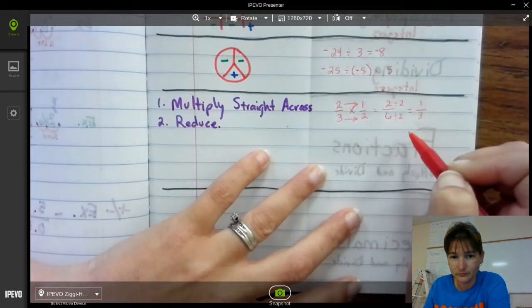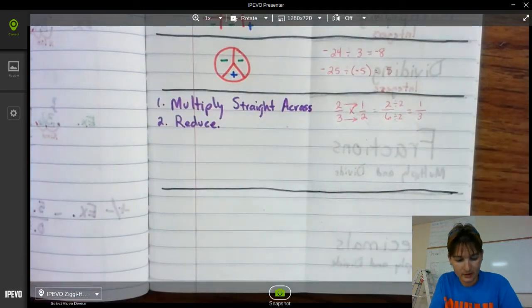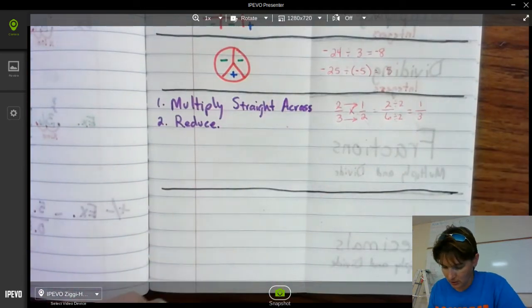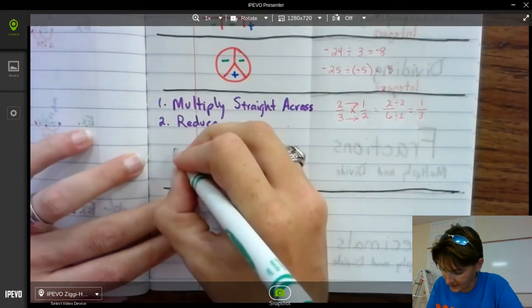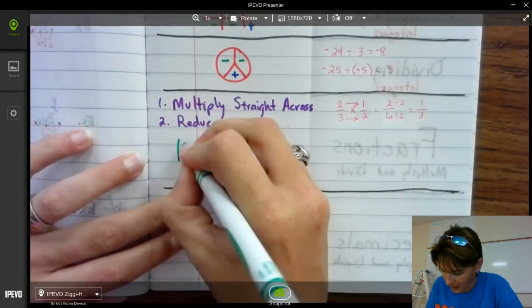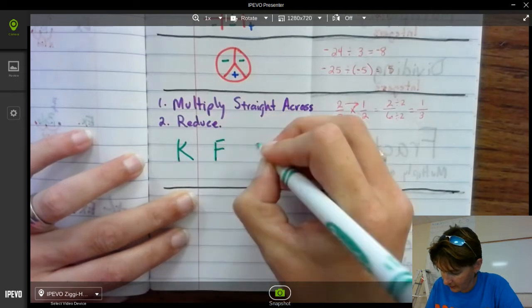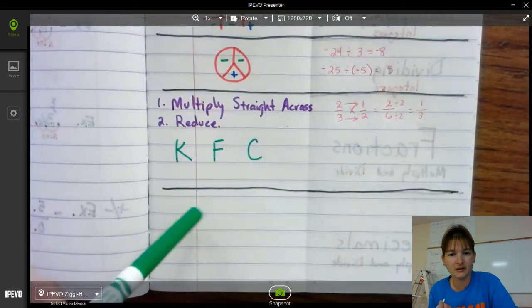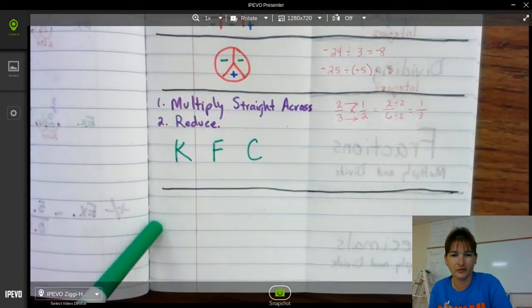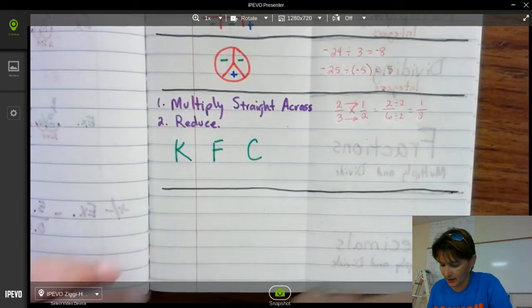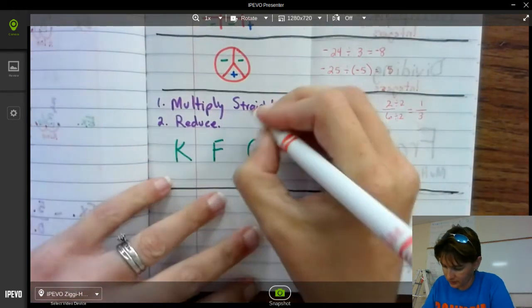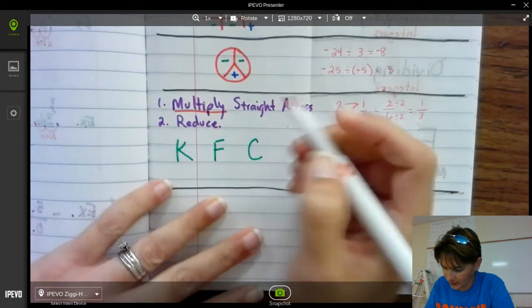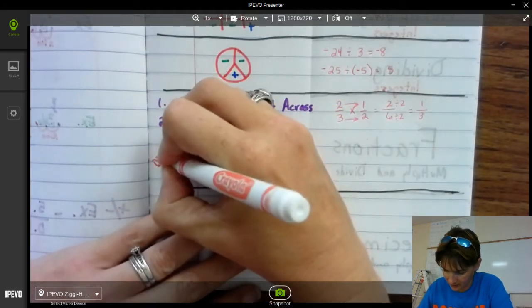All right, for dividing fractions, we use a different color. Dividing fractions, we did KFC, and I talked about how it helps us remember with Kentucky Fried Chicken. Let's put on here that you have multiplying here, and this is dividing.